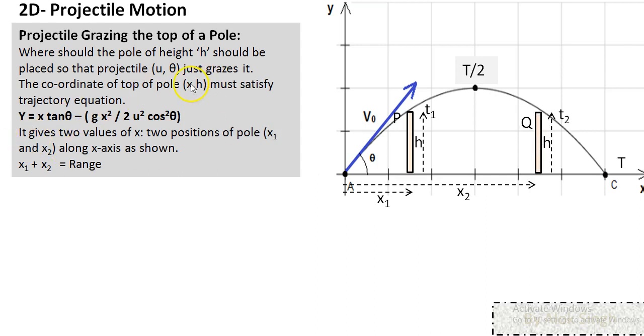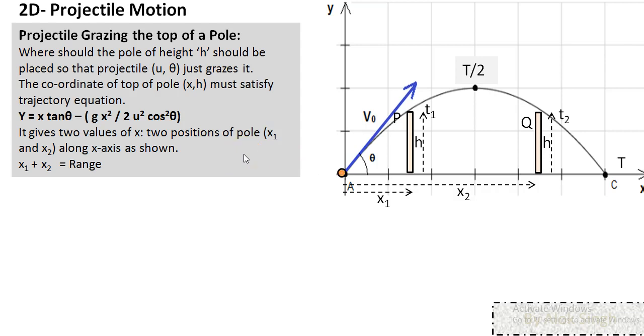If we substitute this x and h in this equation, it will give two values of x. What are those two values? They are two positions of the pole along the x-axis, x1 and x2, where if the pole is placed, the projectile will just graze it.